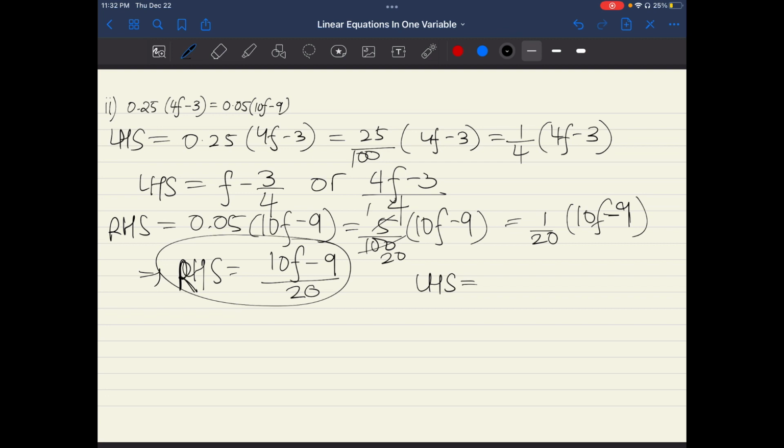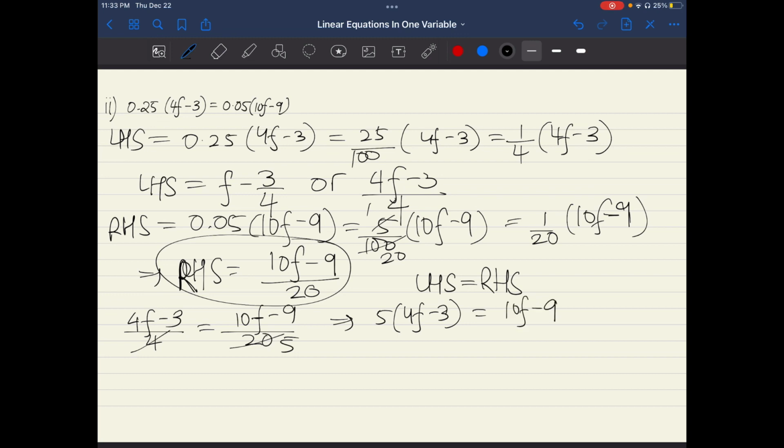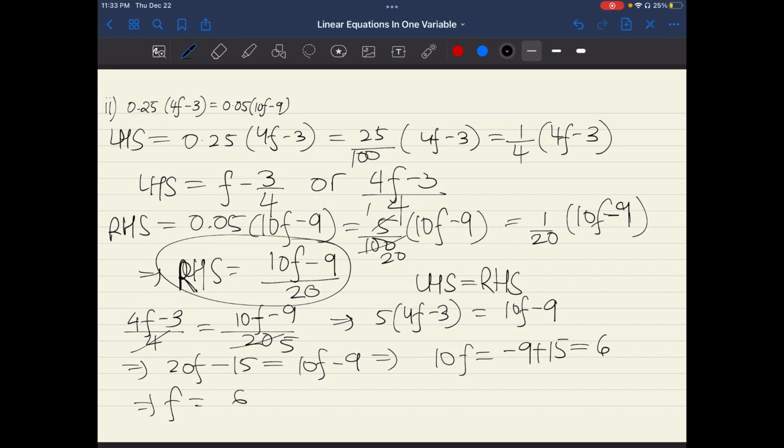And now we know that LHS is equal to RHS, therefore 4f minus 3 over 4 equals 10f minus 9 over 20, which is 5 times 4f minus 3 equals 10f minus 9, which is 20f minus 15 equals 10f minus 9, which is 10f equals minus 9 plus 15, which is 6. Therefore, f is 6 over 10, or 0.6.